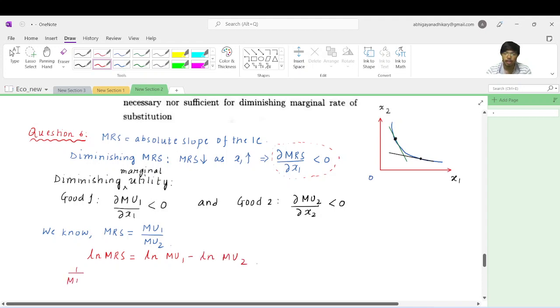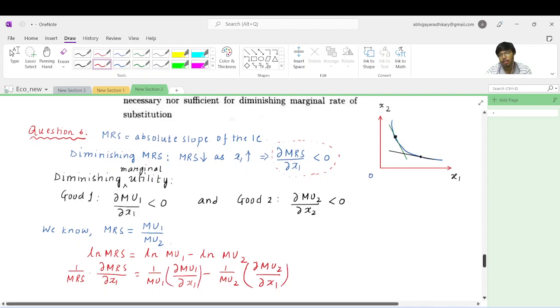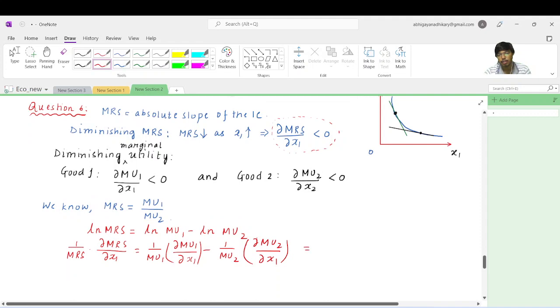So 1 by MRS times the partial derivative of MRS with respect to x1 equals 1 by mu1 del mu1 by del x1 minus 1 by mu2 del mu2 by del x1. Now this part we can write in a different way.